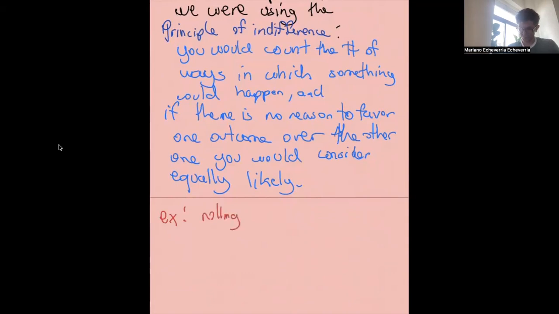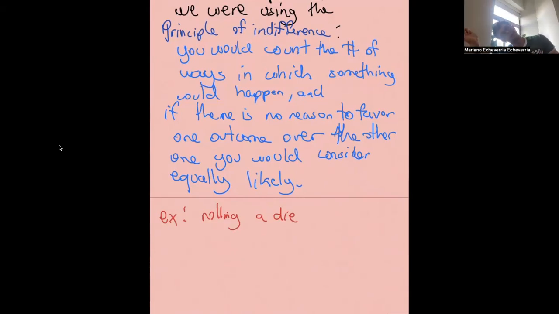You have 6 outcomes, and if there's no reason to think that the weight is distributed unequally, let's say the die looks perfectly symmetric, there shouldn't be a reason to prefer one outcome over the other.